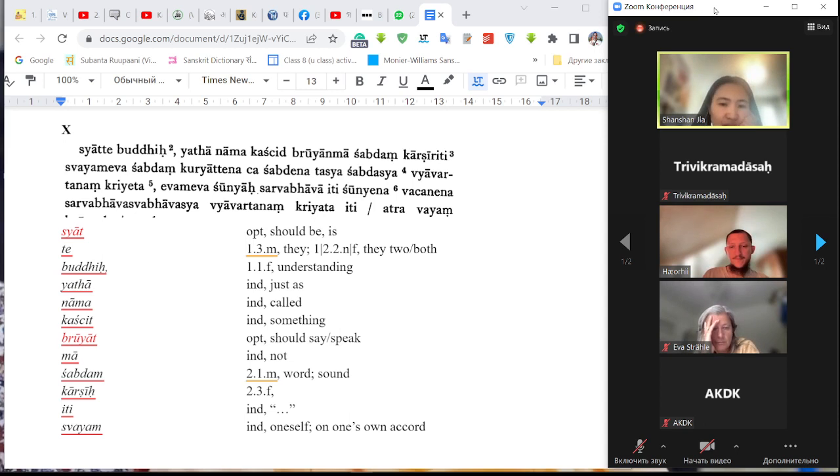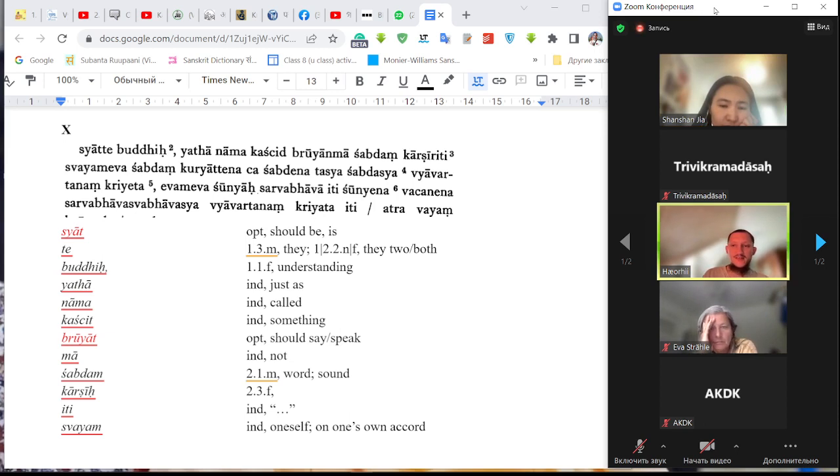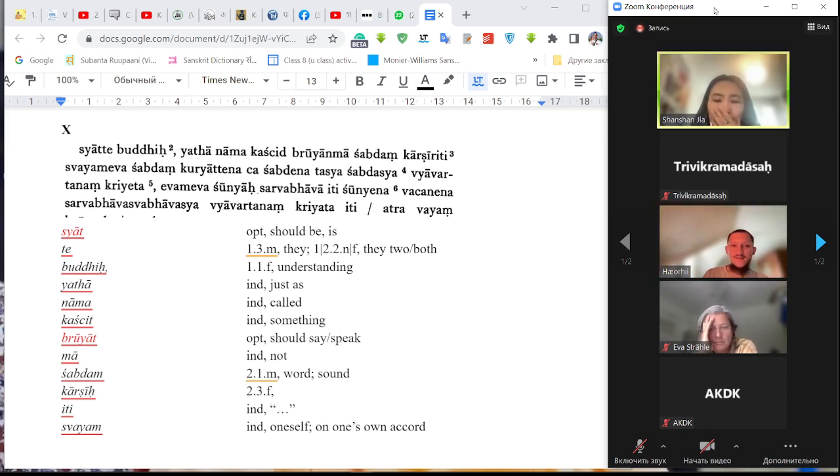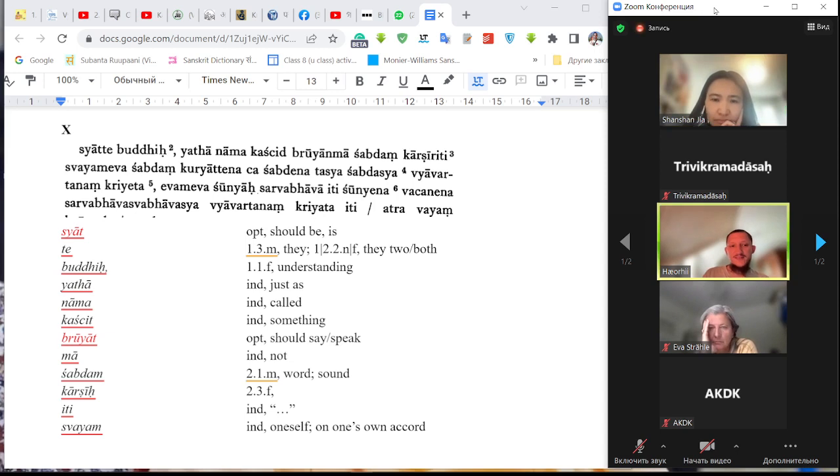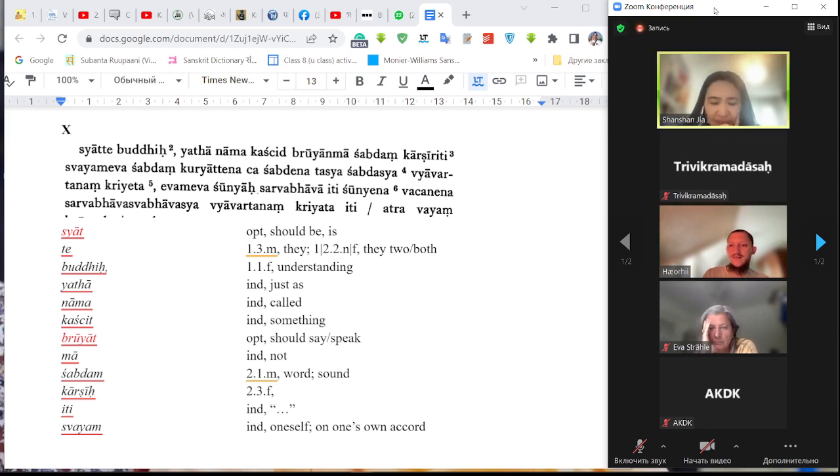And what is yatha? With reference to the verse, you mean? What is the yatha, in this case? Maybe this ma shabdavat. More precisely, yeah, it is there.